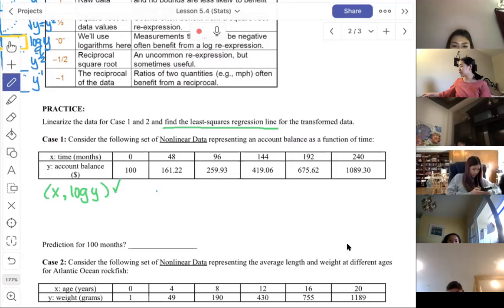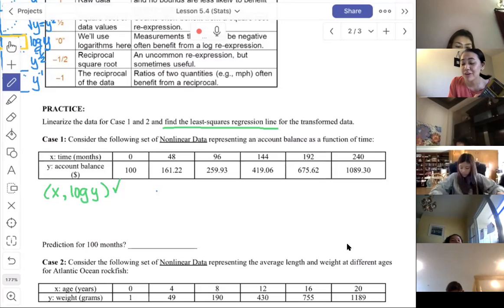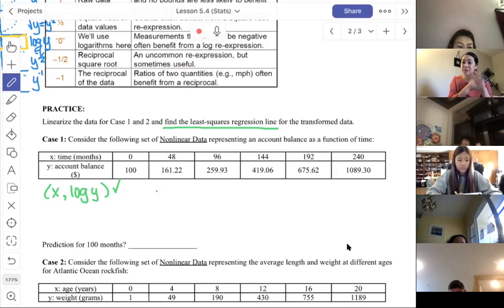So now this is how you write your best fit line. First off, on your calculator, you need to go to lin reg to find the y-intercept and the slope. Be careful here. Make sure when you do lin reg, you do it with L1 and L3, the transformed y.